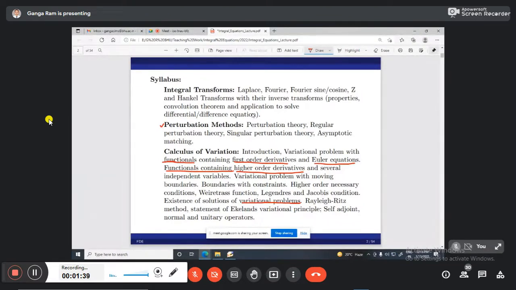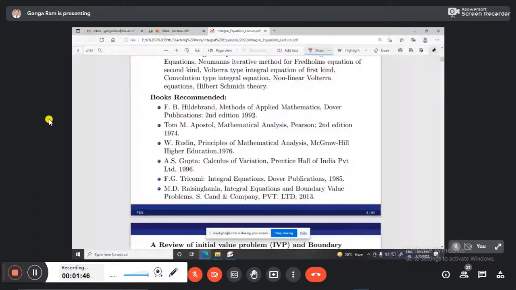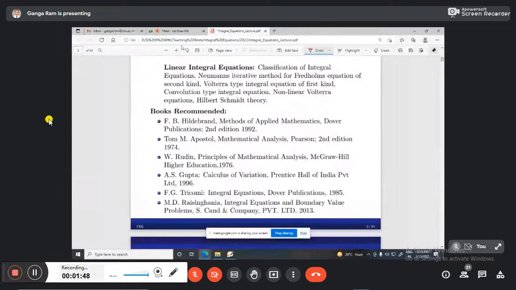Okay, and in the last section we have integral equations, in which we will discuss linear integral equations.